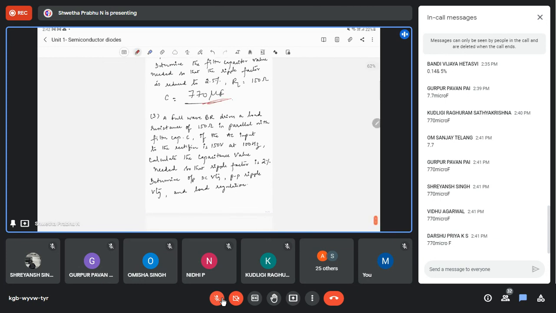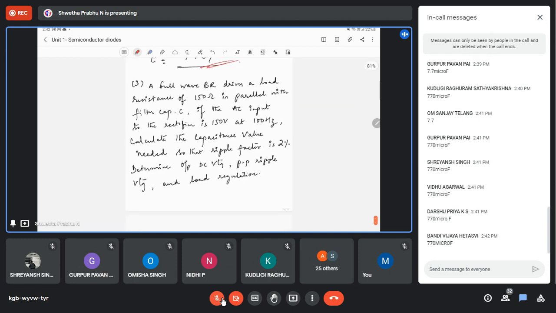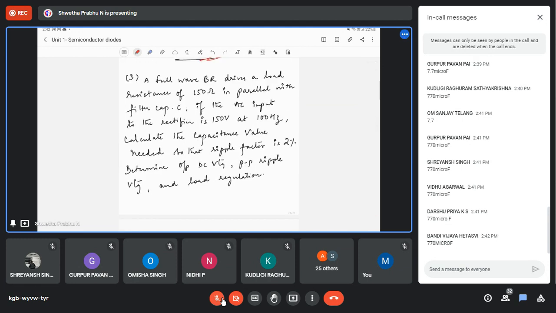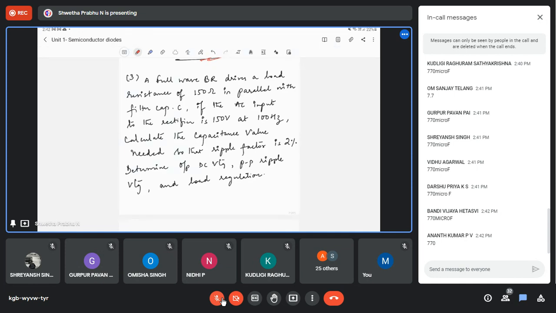Next question. Please make a note of the next question. Quickly you solve. Even this is from the tutorial. I want everyone to solve this question.